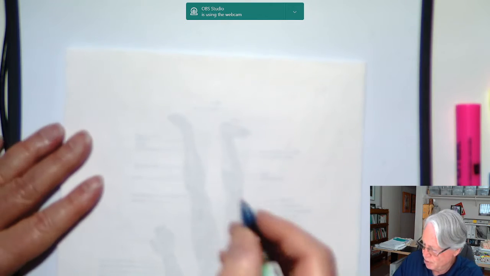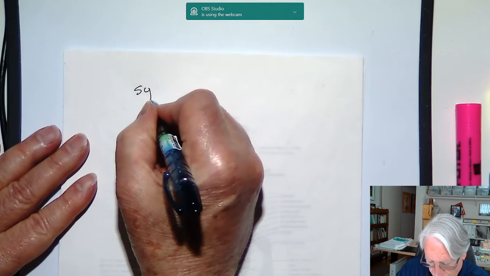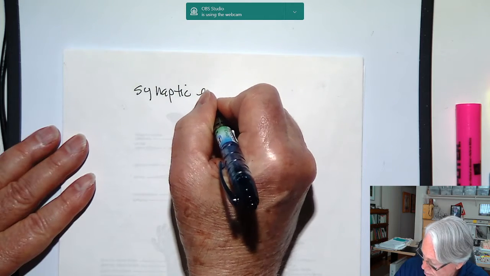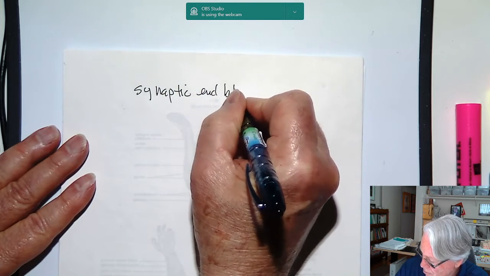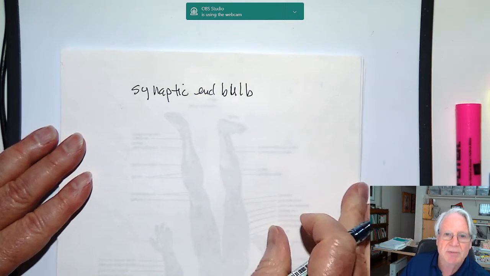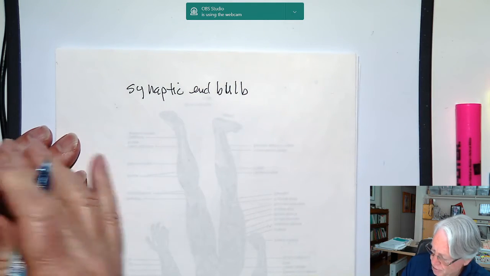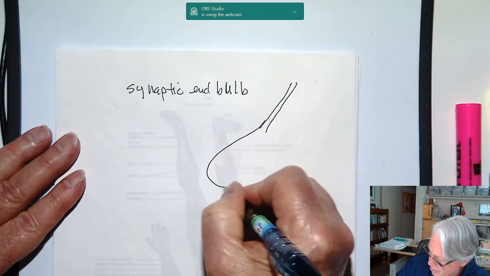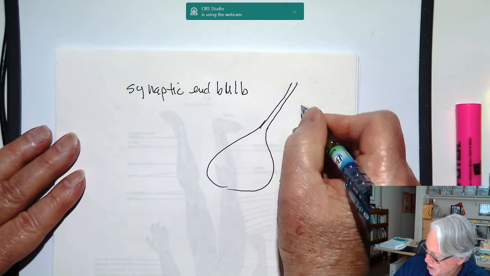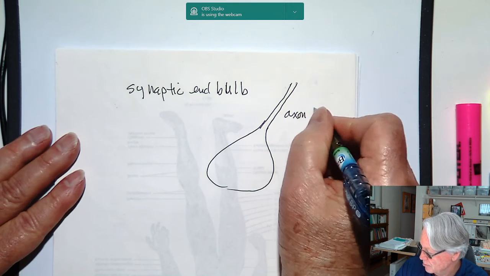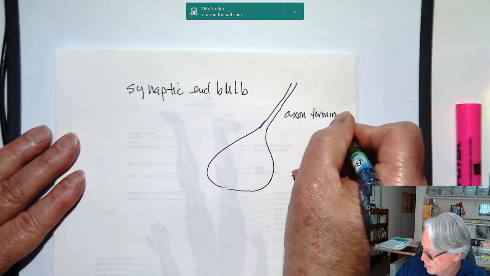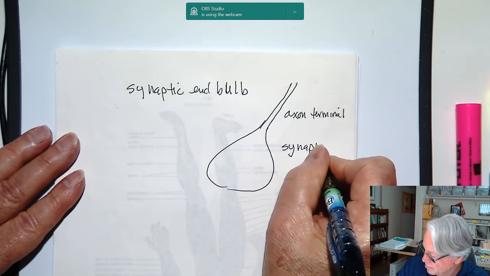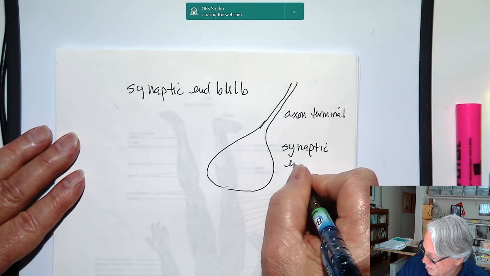So the synaptic end bulb. There you go. So if we were to draw this, here we go. So here's my axon terminal. And here's my synaptic end bulb.